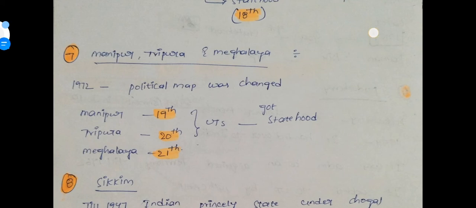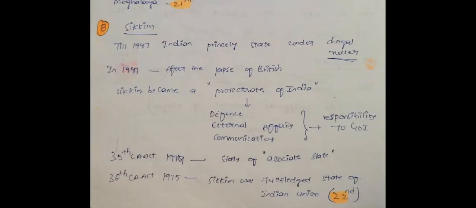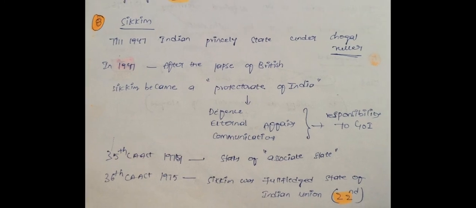Eighth one is Sikkim. Till 1947, it was an Indian princely state under the Chogyal ruler. In 1947, after the lapse of British rule, Sikkim became a protectorate of India. It means India could involve in defense, external affairs, and communications regarding Sikkim, and it was only responsible to the government of India.